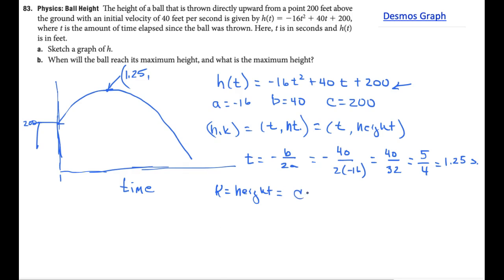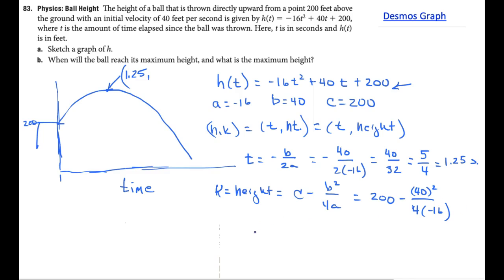And that is c minus b squared over 4a. So we're going to have c, which is 200, minus b squared, which is 40 squared, over 4 times negative 16.